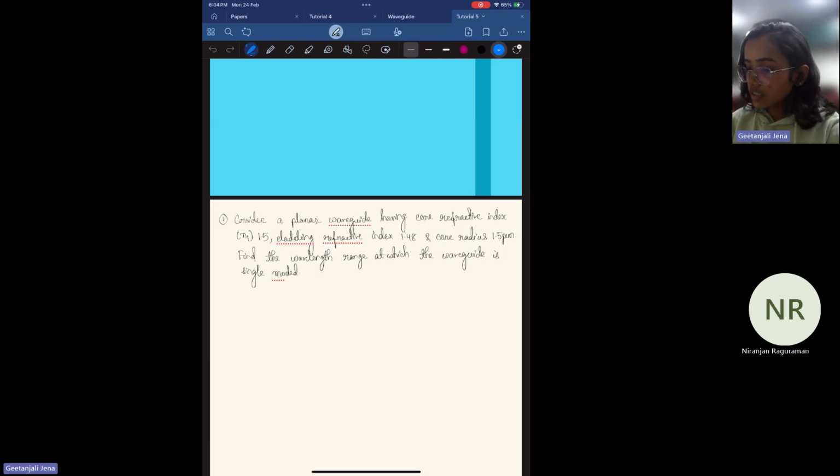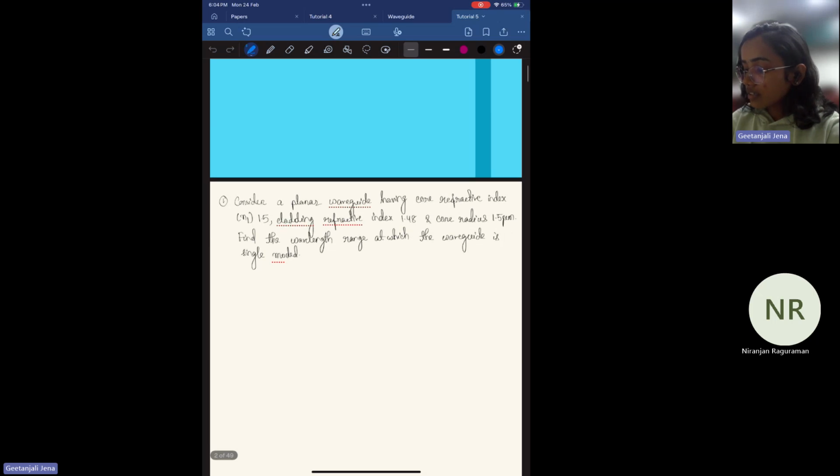So the first question is based on the planar waveguide. It says consider a planar waveguide having core refractive index 1.5, cladding refractive index 1.48, and core radius 1.5.